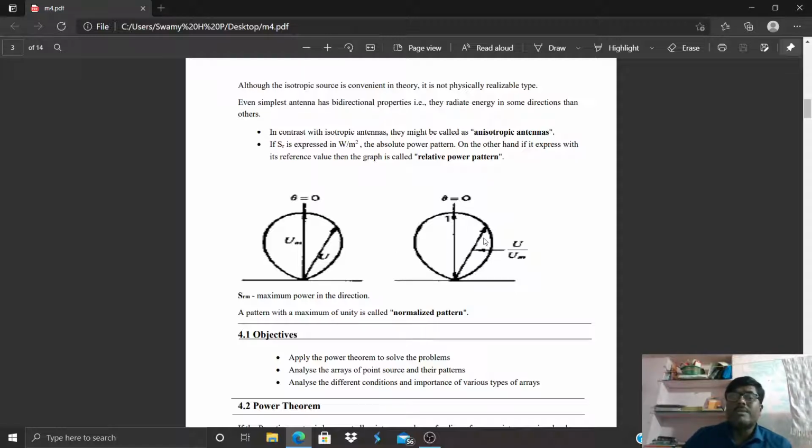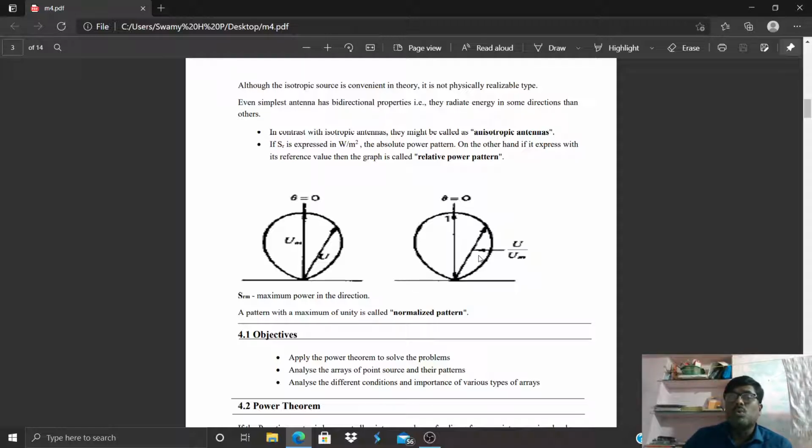If you measure the power with respect to a relative or reference value, the reference is taken as the direction in which maximum power is radiated. Here I am going to show the maximum power direction.